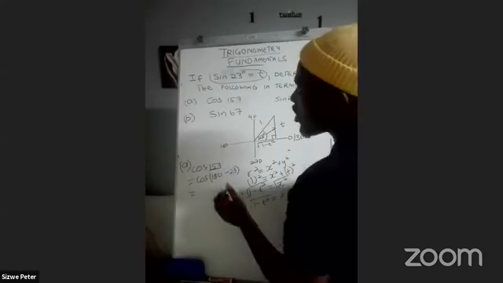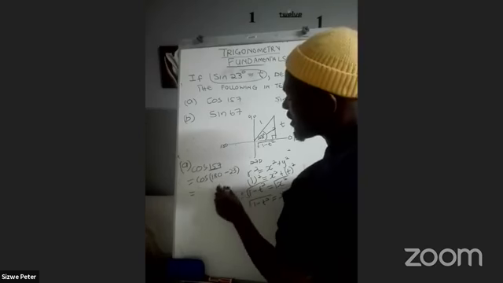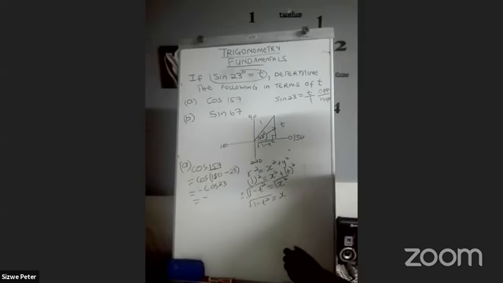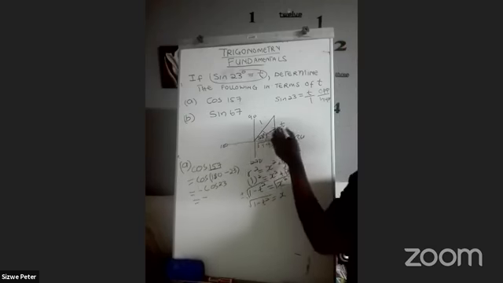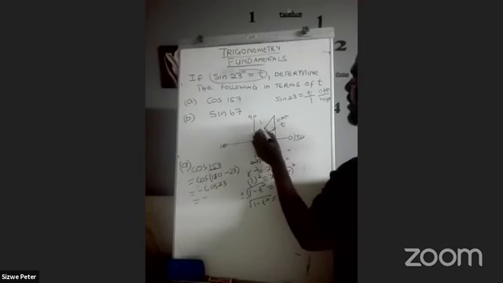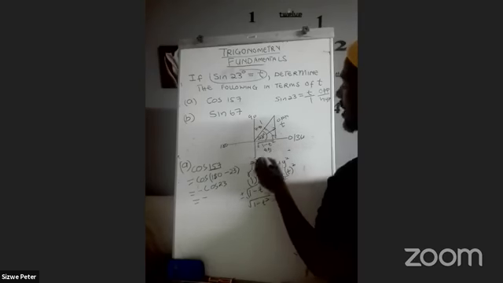Now, how is cos in the second quadrant? It's negative, so it's negative cos 23. This side is opposite, this is hypotenuse, and this one is adjacent.